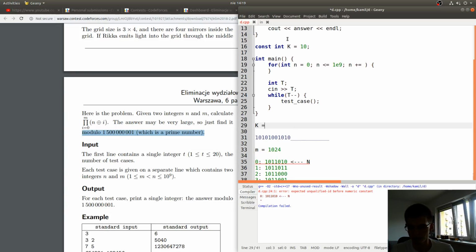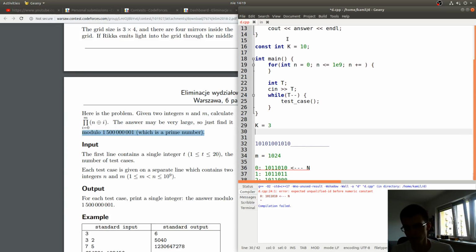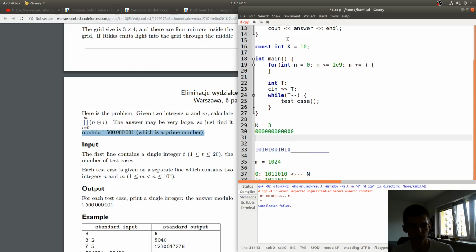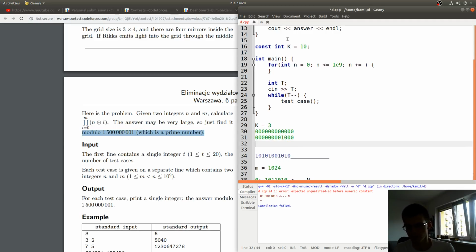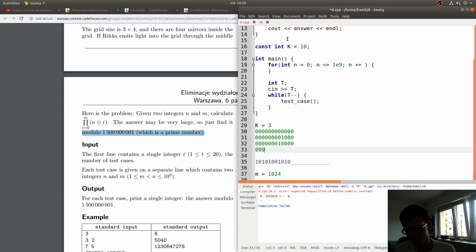If k would be 3, then we would want to find the answer for just n equal to zeros, then the answer for 1 and 3 zeros, then the same for 1 and 4 zeros here, something like this, and so on.